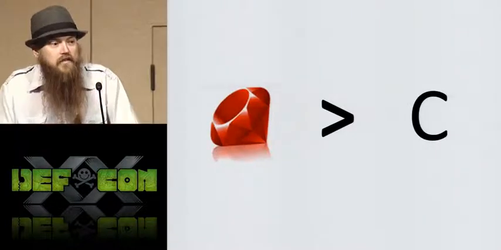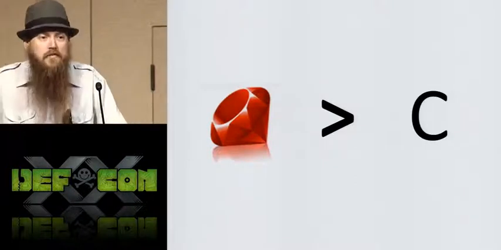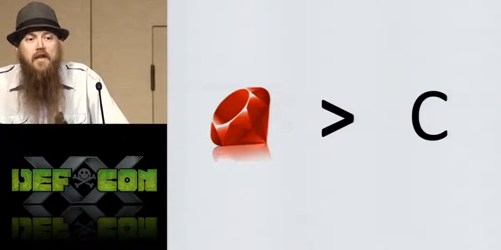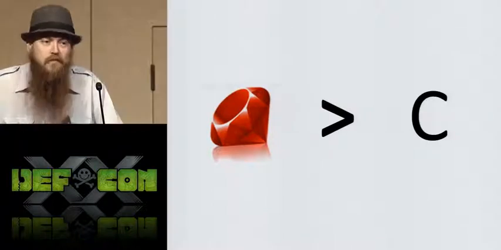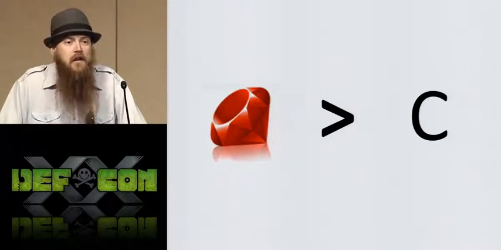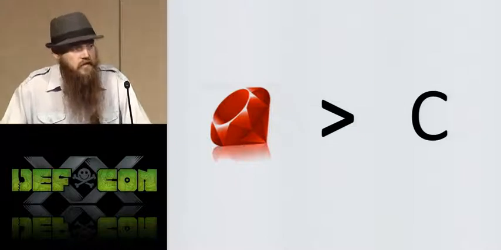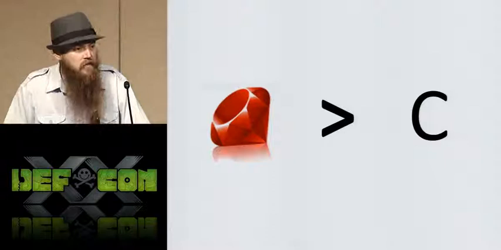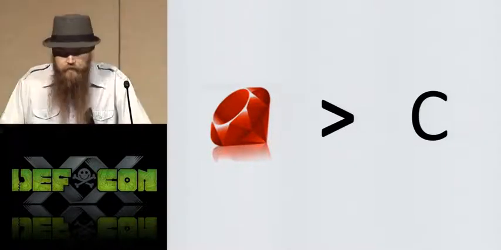Ruby is faster to write than C, so that's another advantage of Metasploit. If you do need to get really down and dirty and you have to write some C for something, that's available too. We have integration with a project called Metasm, which is an assembler and compiler, and it can compile C for x86 or x86-64, and it can assemble a whole bunch of different assembly languages for all kinds of different architectures.